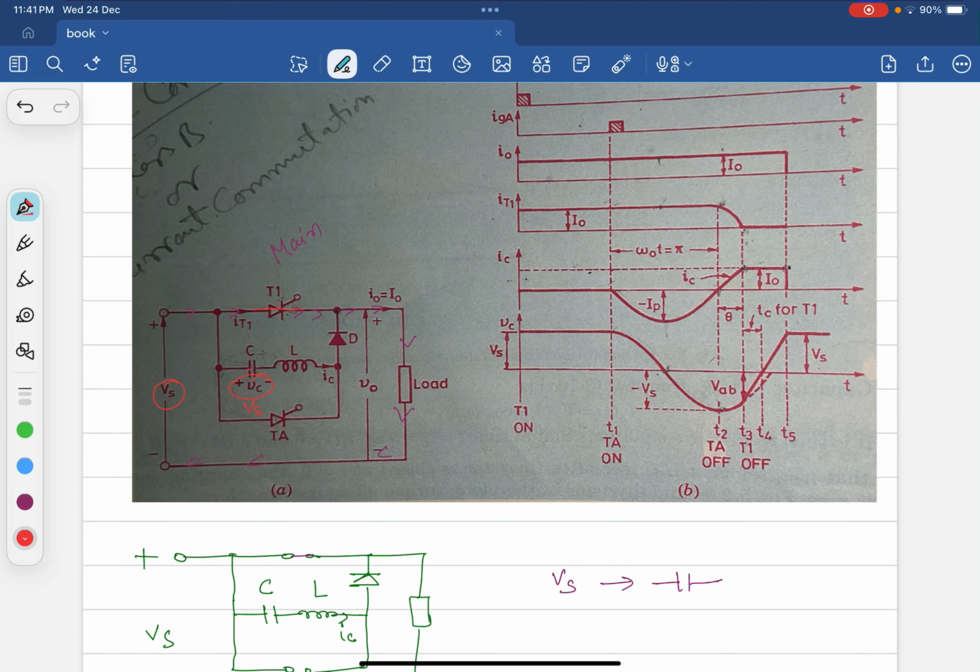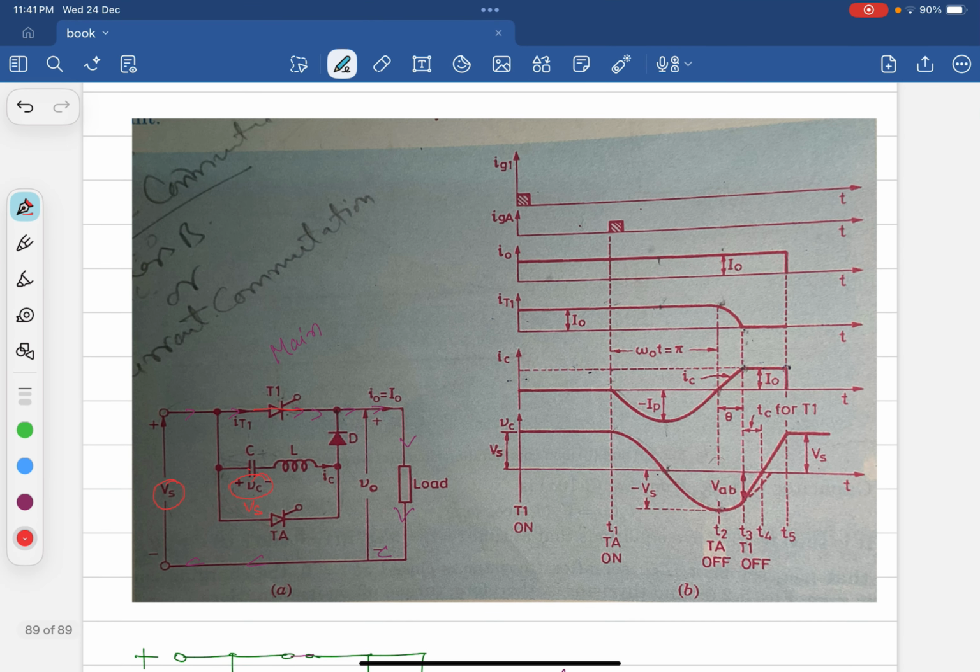You can see also in the diagram that when the gate current IG1 is triggered, what is the condition of the load current? Load current is almost constant. So current flows from this path to the load and it is constant. Condition of thyristor T1: T1 is also constant because the same load current flows through it at that particular instant.